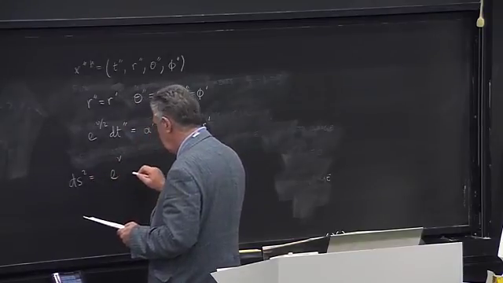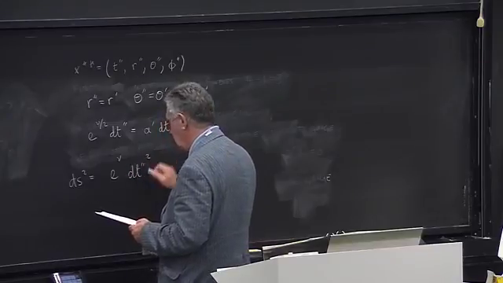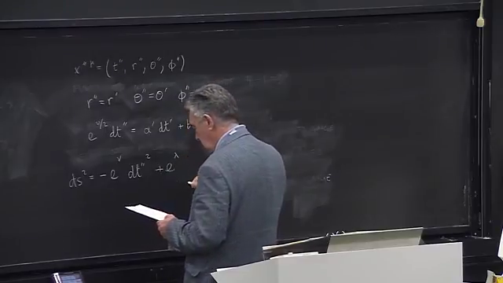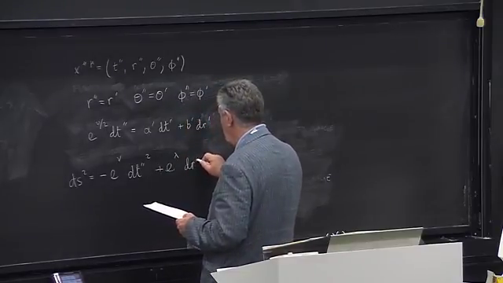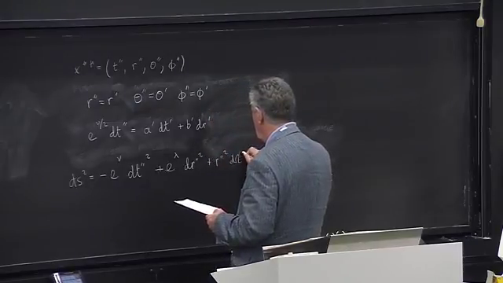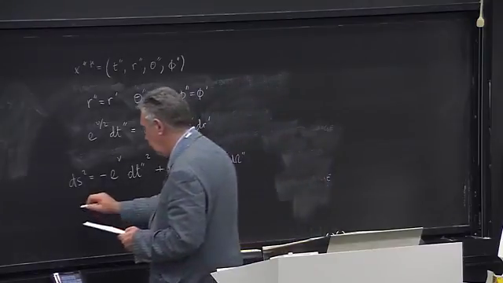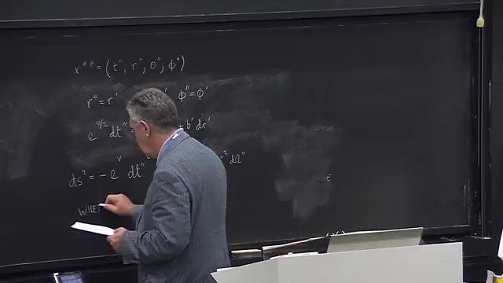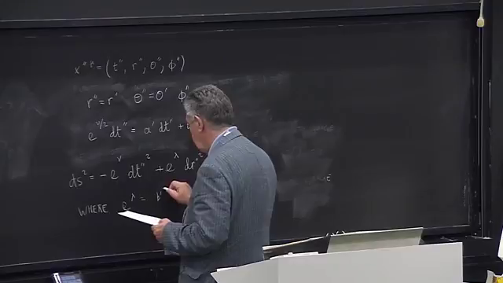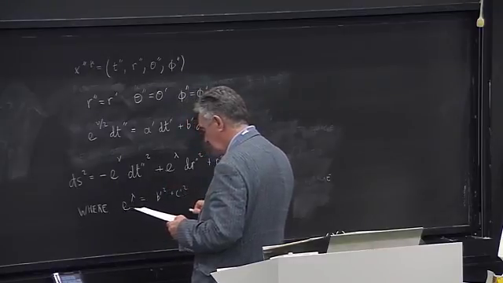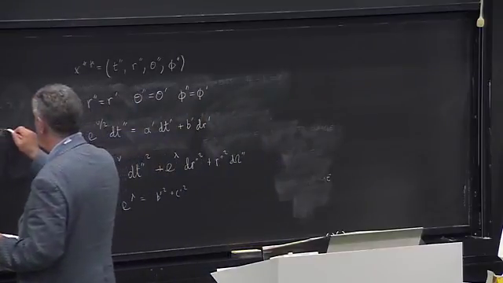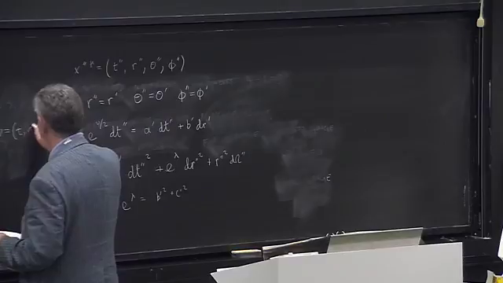And now we get, where e to the lambda is b prime squared plus c prime squared, and nu and lambda are functions of t and r.